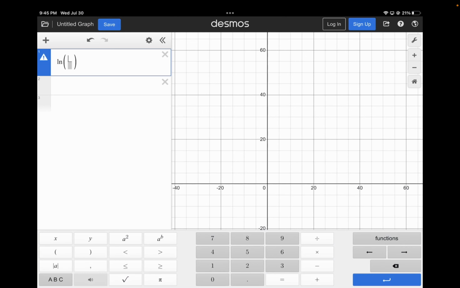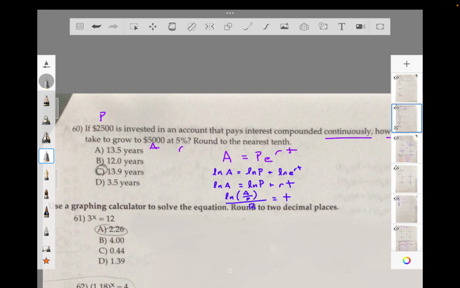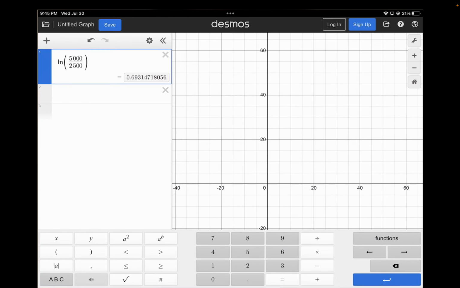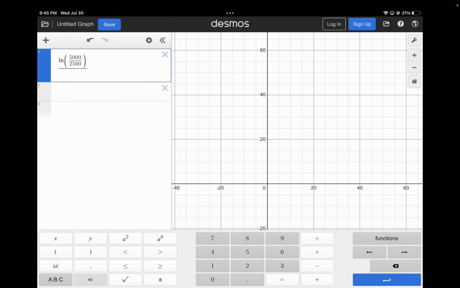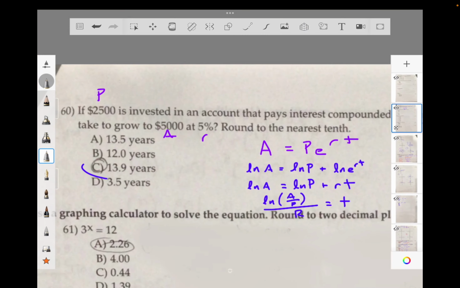So this is going to be, I already forgot what it was, 5,000 over 2,500, divided by R, which is 0.05. So it's 13.86, which rounds up to 13.9.